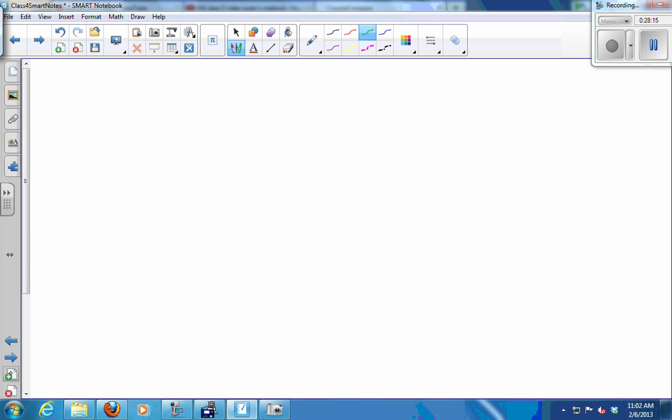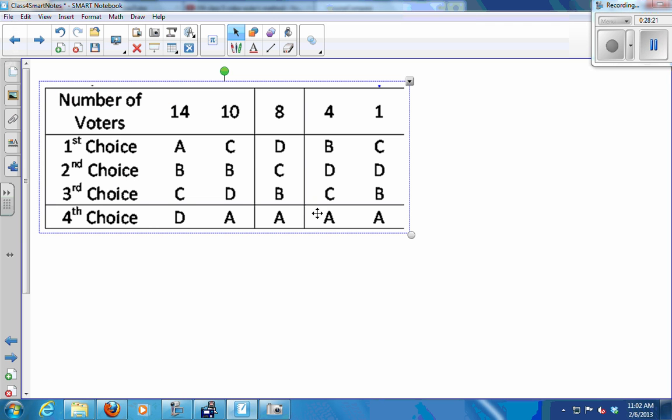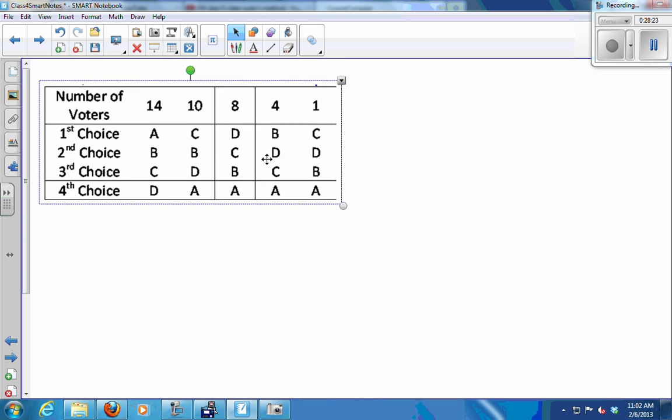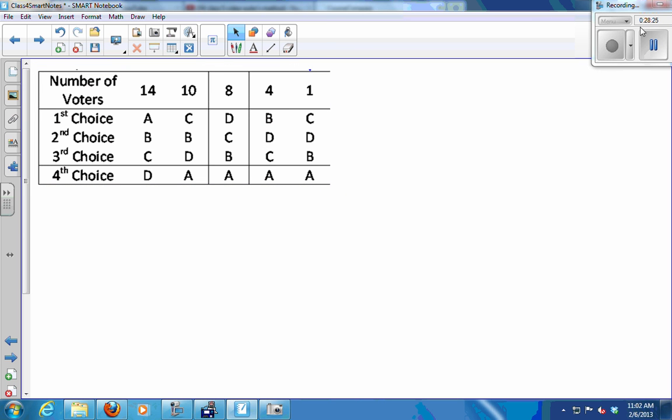All right, let's do it for plurality with elimination. We've already done this. We already did plurality with elimination and determined the winner.